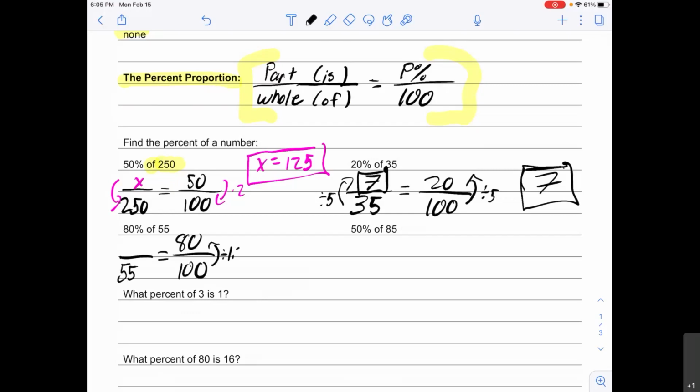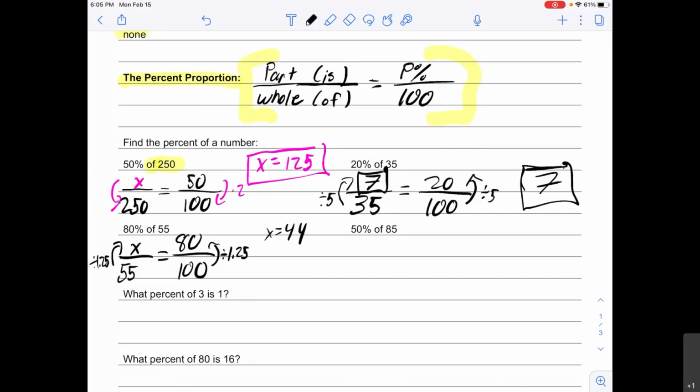That means if I divide by 1.25 this way, I can also divide by 1.25 that way. And that's okay. It's okay that it is not a perfect relationship. We can deal with decimals. In this case, if I do 55 divided by 1.25, I get 44. So my answer is x equals 44.